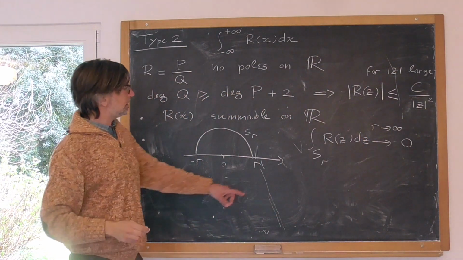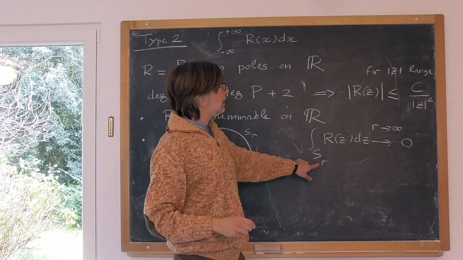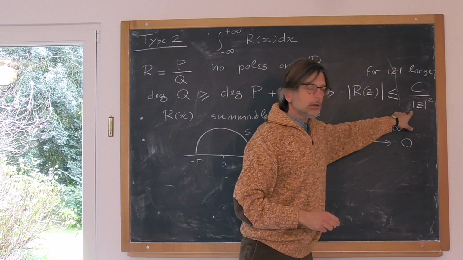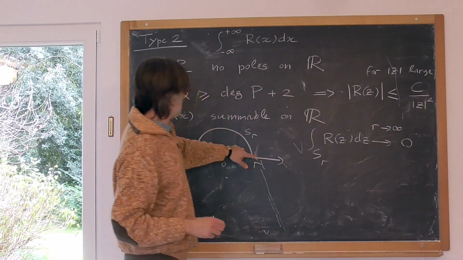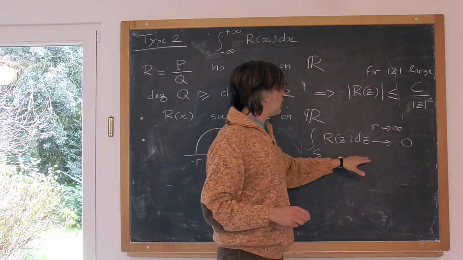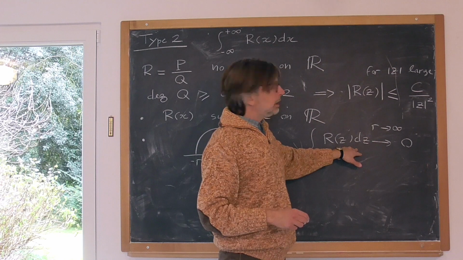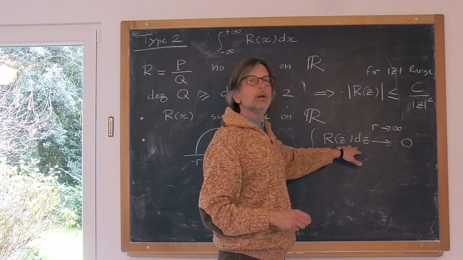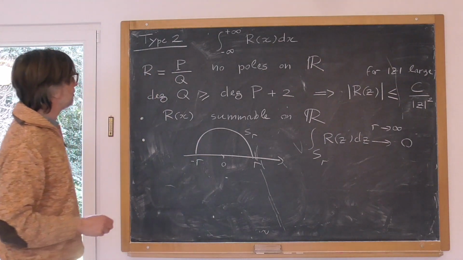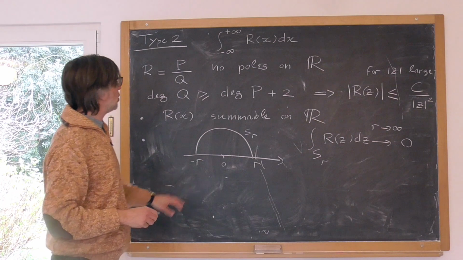The reason is that the absolute value of this function behaves as C divided by R squared, and we are integrating on something of length pi R. So when we multiply, we obtain something going as 1 over R, and 1 over R goes to 0. Okay, so also this other part works.